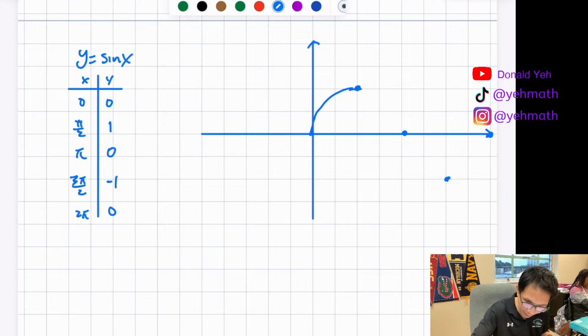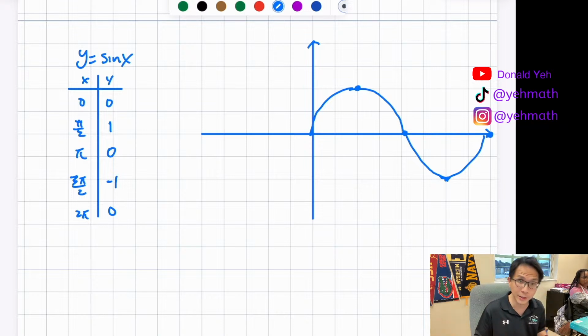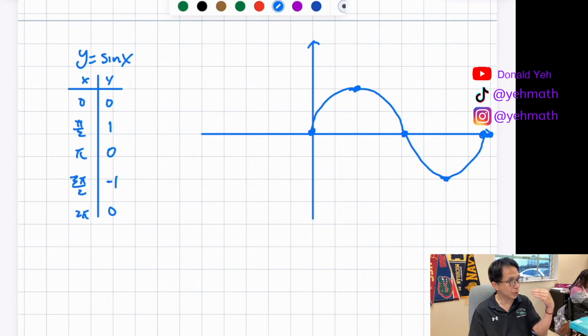A straight line would be absolute value, but this is actually a curvy line like this, and it's gonna go in like this. Those are the 5 major points. You start at a midline, go to the peak, go to the midline, go back to the trough, and go to the other side. Now the cycle is going to repeat.